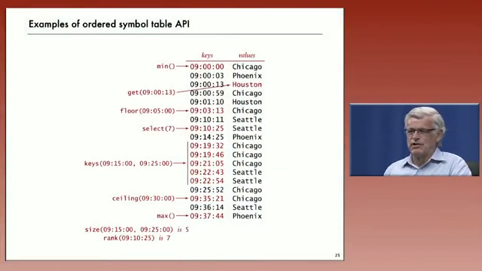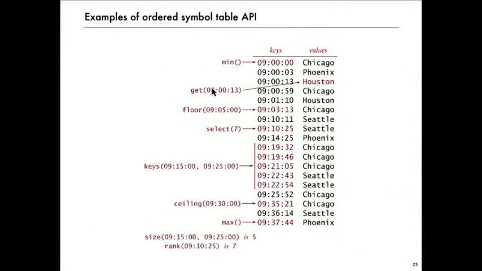So this is just an example of an application that might try to associate keys with values, and an illustration of all the different operations that a client might want. We already looked at the get operation, so we might want to know what city is associated with the event that happened at time 9:13.